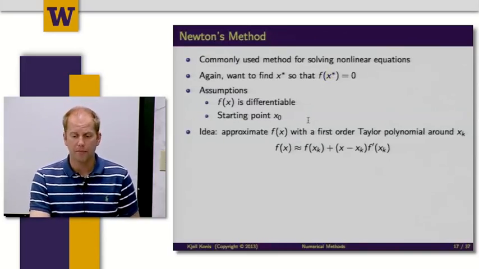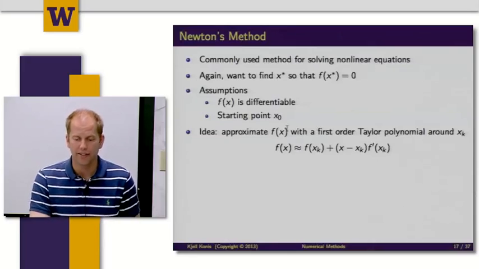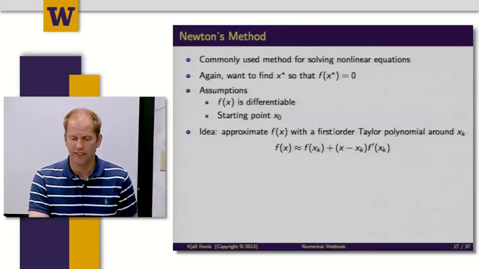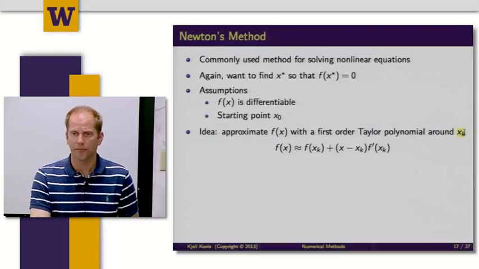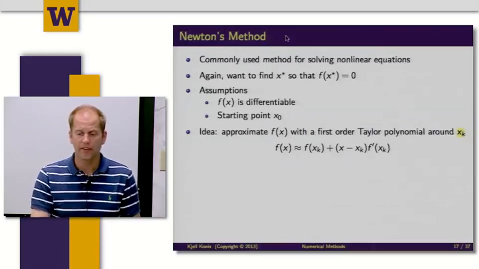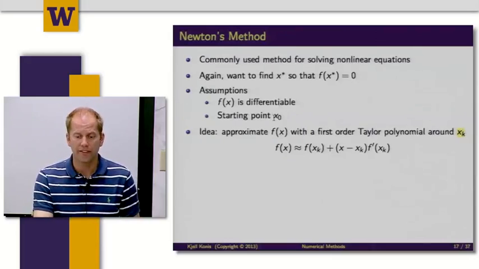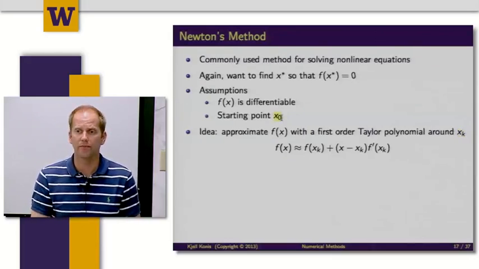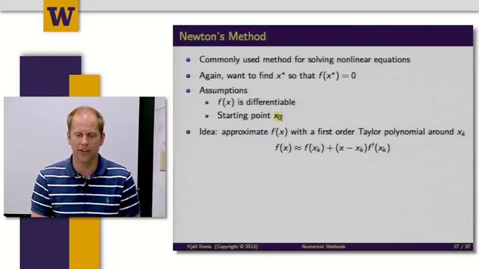And the idea underlying Newton's method is I want to make an approximation of my function using a first-order Taylor polynomial around a point xk. So Newton's method is going to start from this starting point x0, which you can think of as xk with k equal to 0.